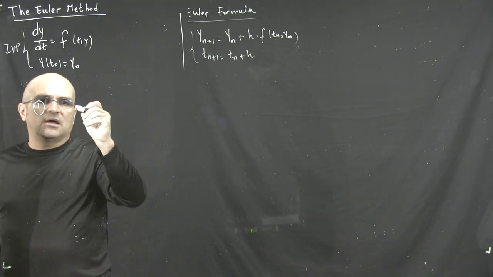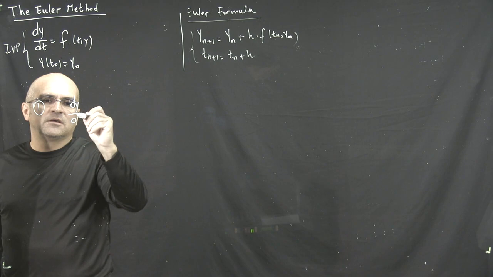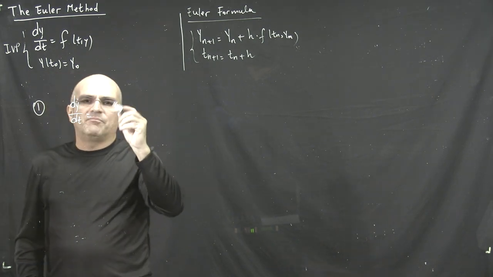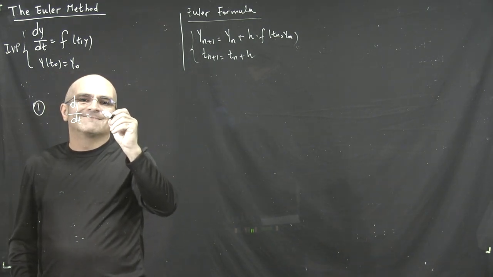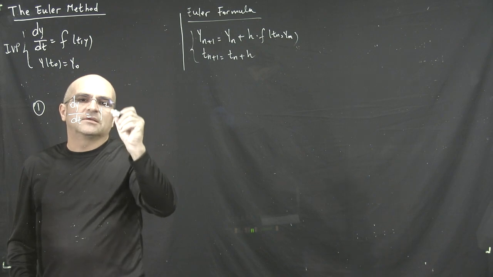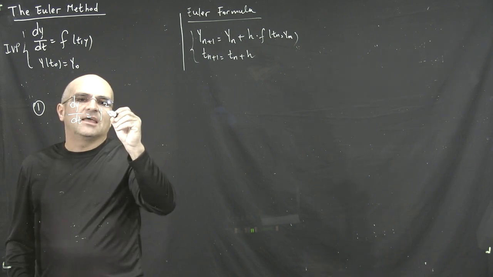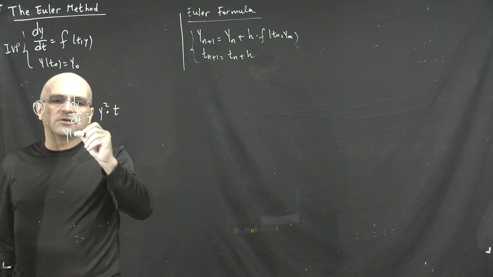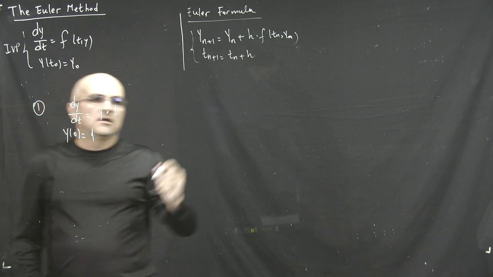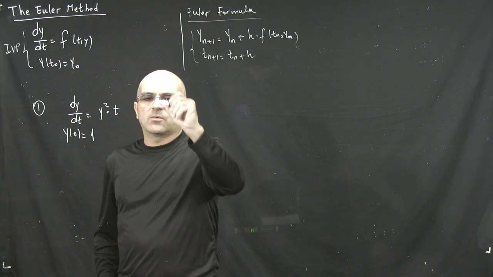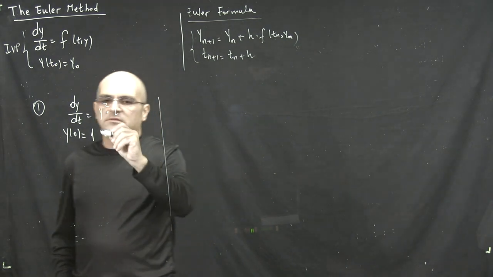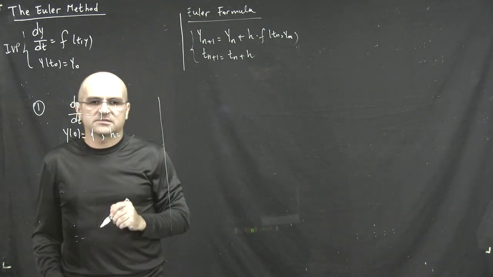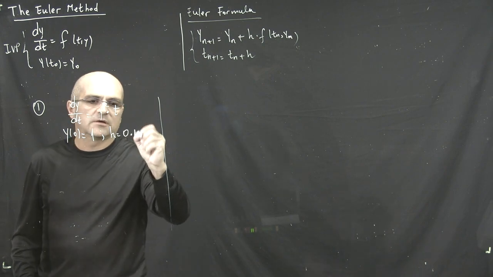Suppose dy/dt equals y squared times t, and y of 0 equals 1. Let's do another one, and the step size, let's say it's 0.1 here.